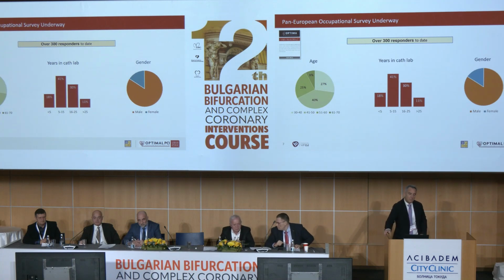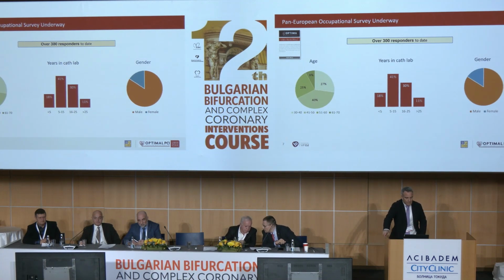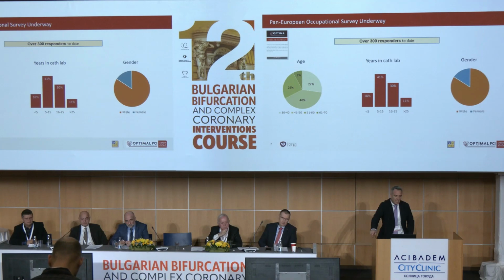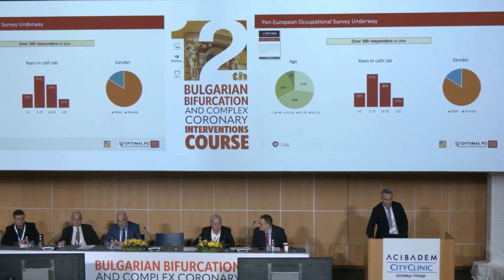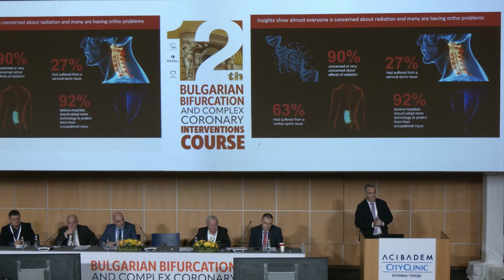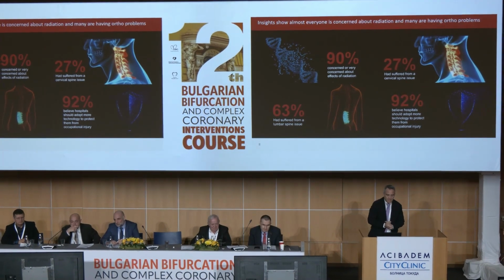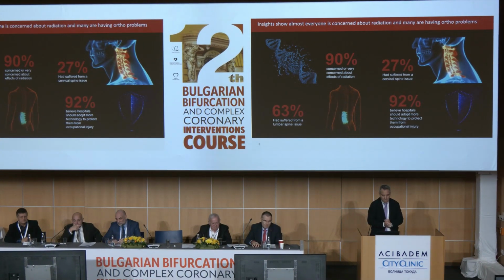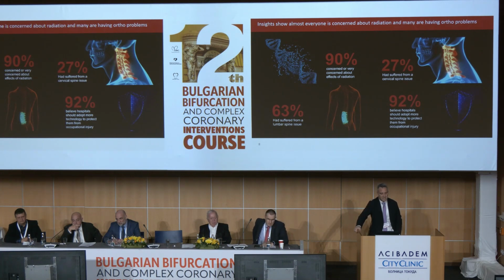There was also a European study of about 300 responders, and 90% of cath lab workers are concerned about the effect of radiation. 27% had cervical spine issues. 92% believe that hospitals should do more about this occupational hazard, and 63% have suffered from a lumbar spine issue.